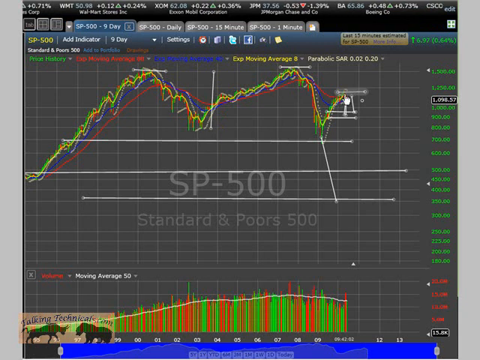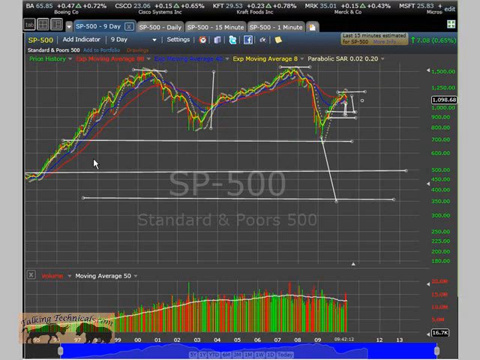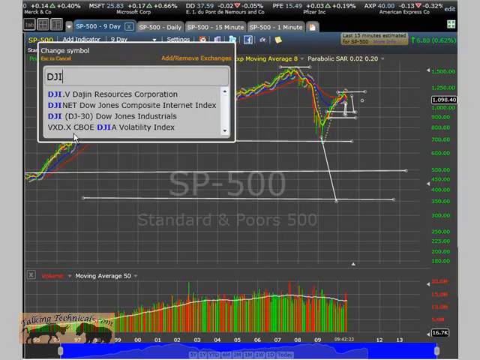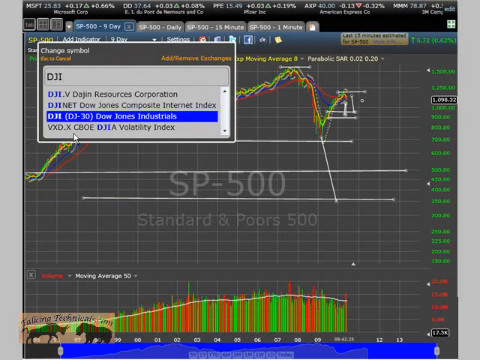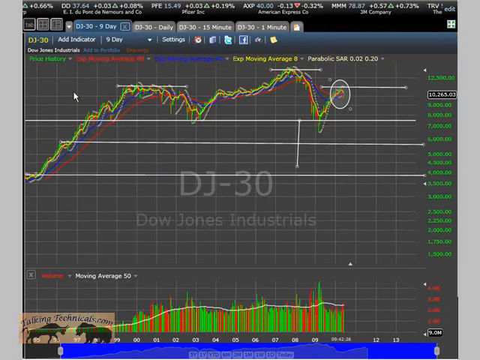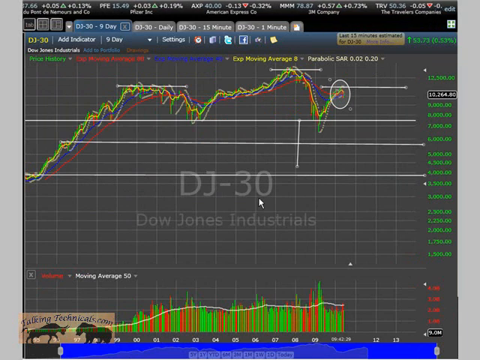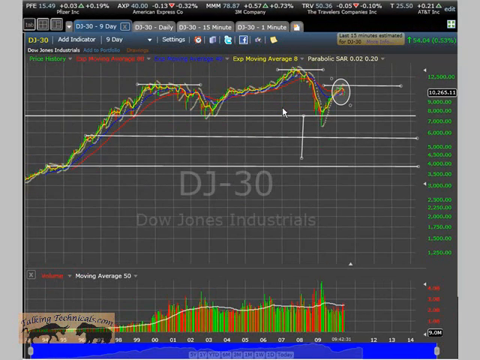So it held at the 50% retracement, and that's pretty bearish in itself. So we've got a few bearish patterns on the market right now, and we need to watch those patterns to get a good indication of where this market is going to go. Now, I'm not saying the Dow is going to end up going down to 4,000. I think there's a good chance that it might. But this is what we are watching.